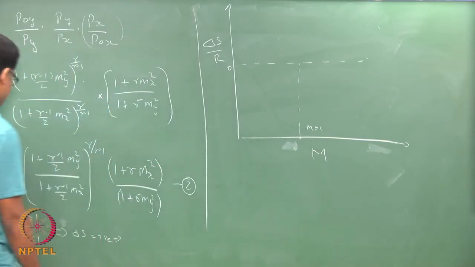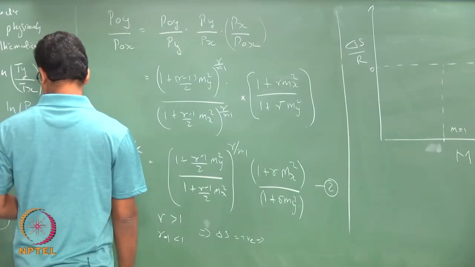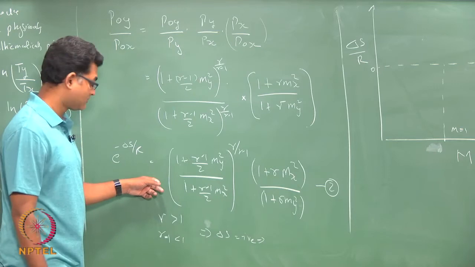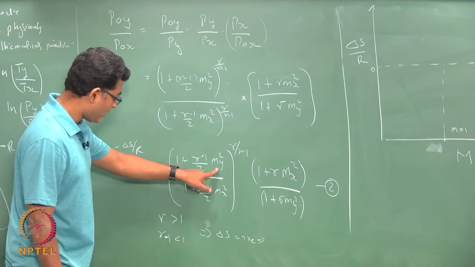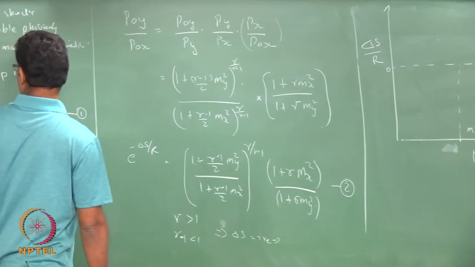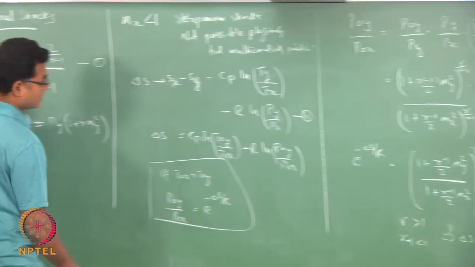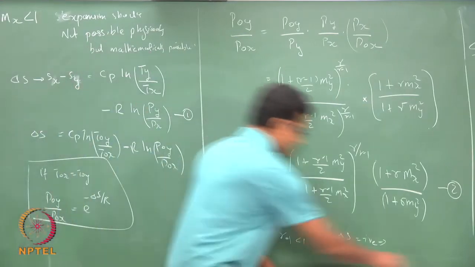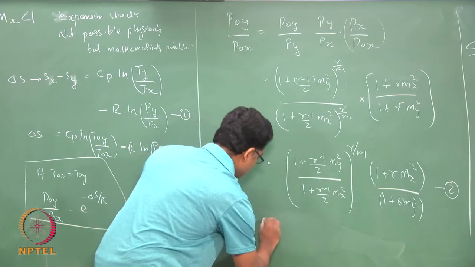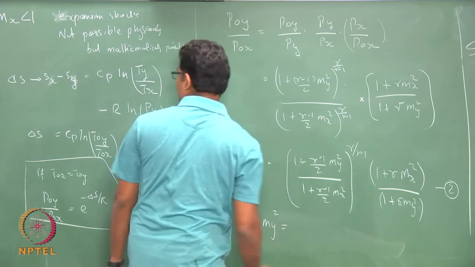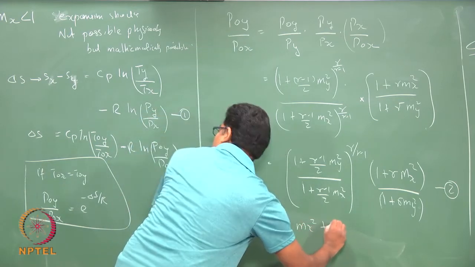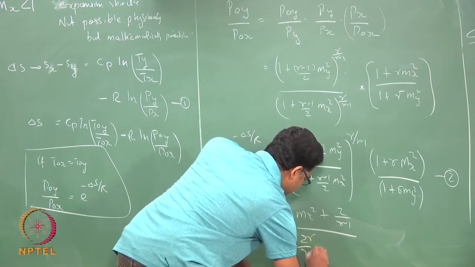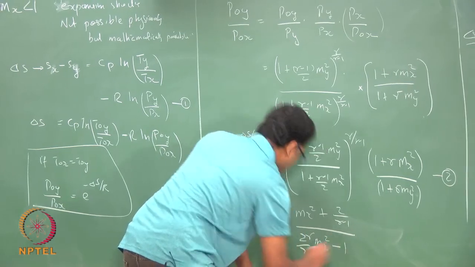If I plot this function, where I substitute my in terms of mx, I can substitute this equation 1 here. So what I do is I substitute my square as mx square plus 2 by gamma minus 1, by 2 gamma by gamma minus 1 mx square minus 1. Okay.